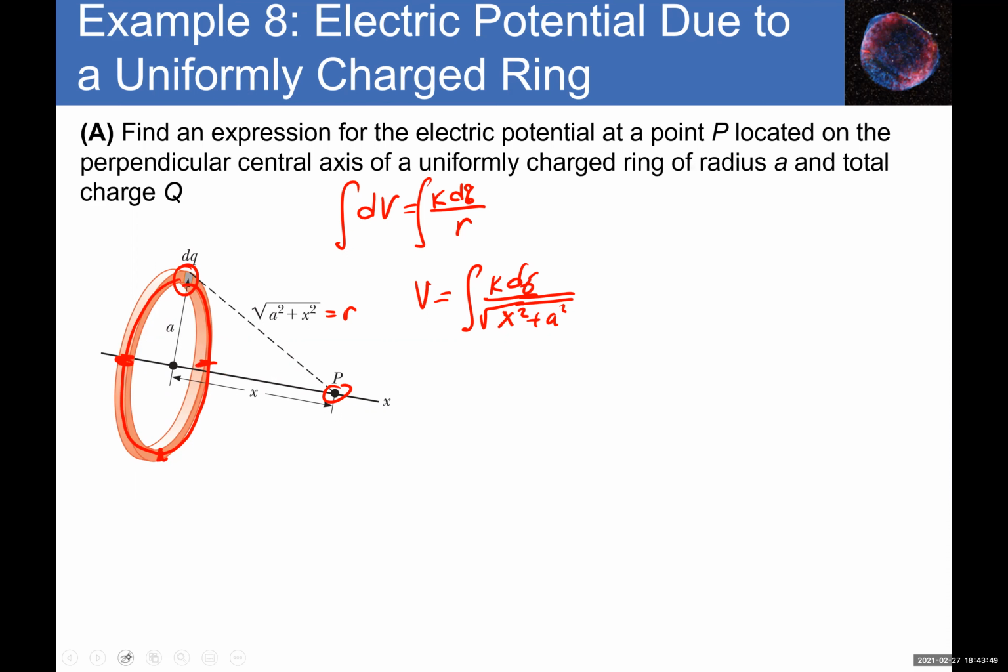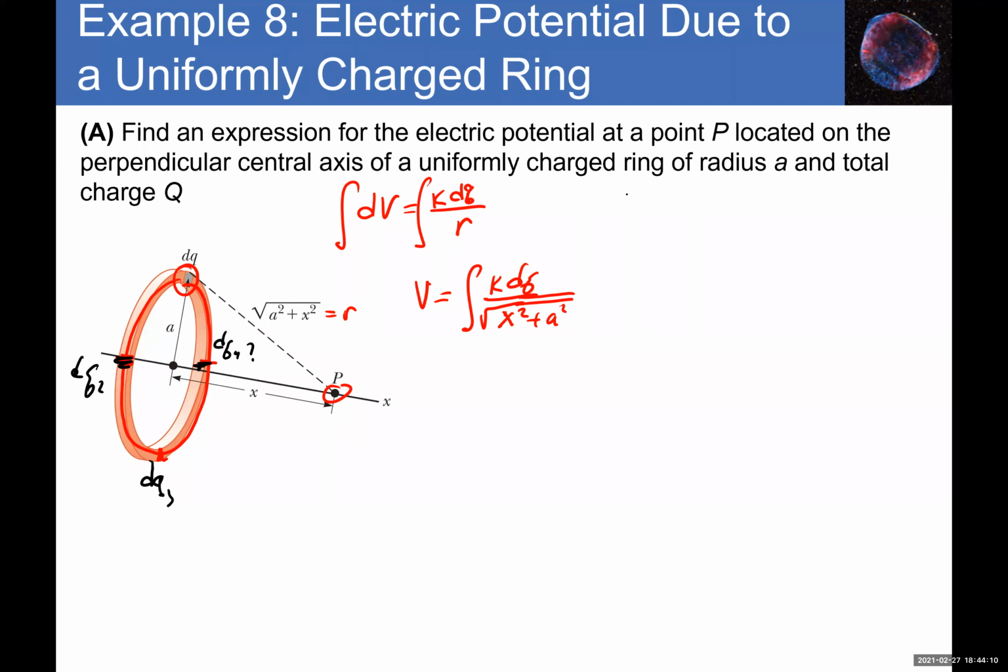If I choose different dq's, will that give me a difference in this expression? Will there be a different distance r for dq2 or dq3 or dq4? Are they going to have a different expression?